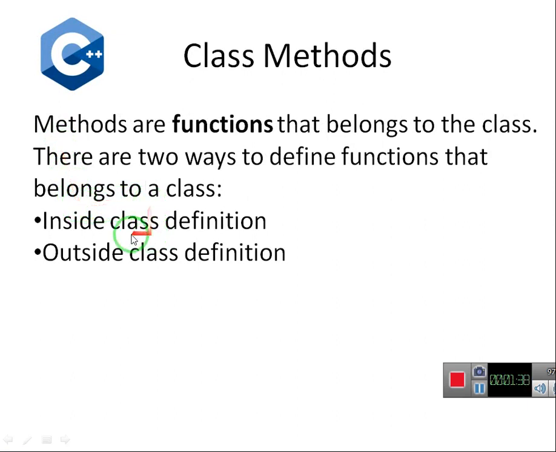One is inside the class definition and one is outside the class definition. As you remember, with user defined functions, we declare them before the main function and define them after it. So here is something dissimilar: we have a method defined inside the class and one outside the class definition. We will see in the program how it works.